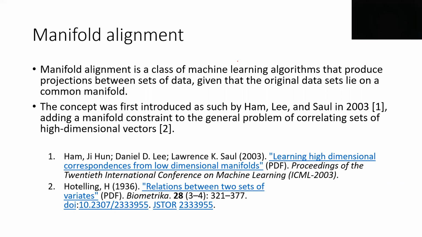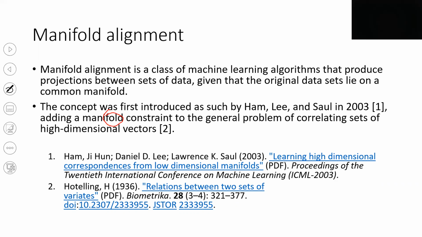Okay, let's continue to mention this manifold alignment. This concept was introduced in 2003. It's adding this manifold constraint. Manifold constraint means you have to consider your data sets. Now we have two data sets.